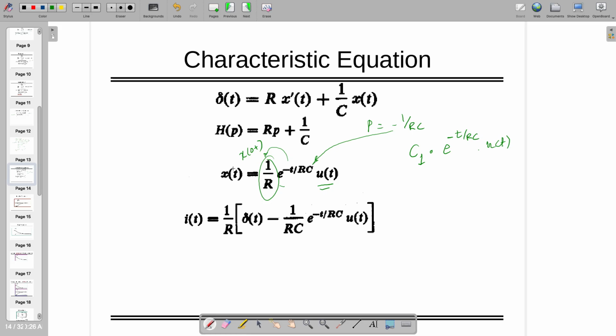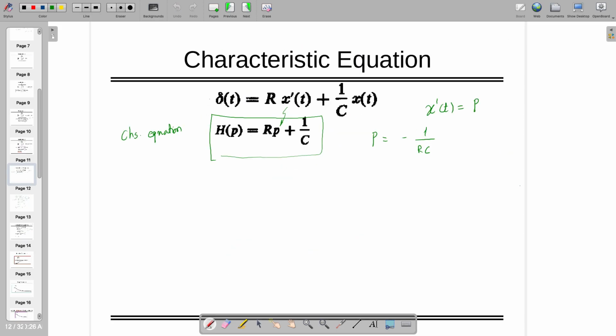So now what you need to do, just go back to our original equation, where we have done x prime of t is equal to i of t. That is what we assume, right? If you replace that and write it down one more time, delta of t is equal to r times i of t plus 1 by c integral from 0 minus to t of i of tau d tau, right?